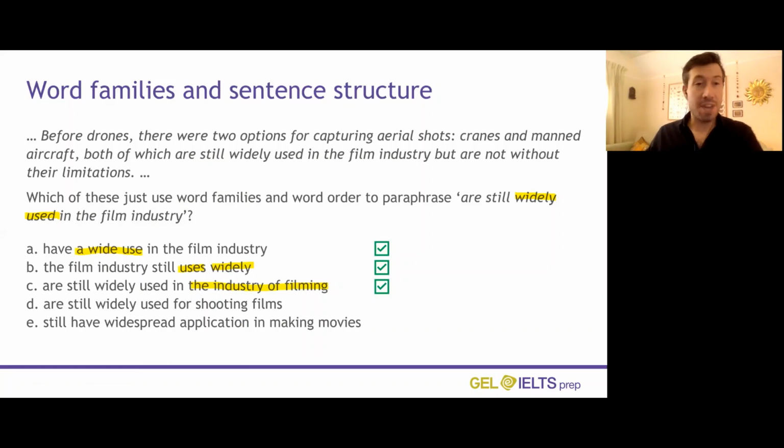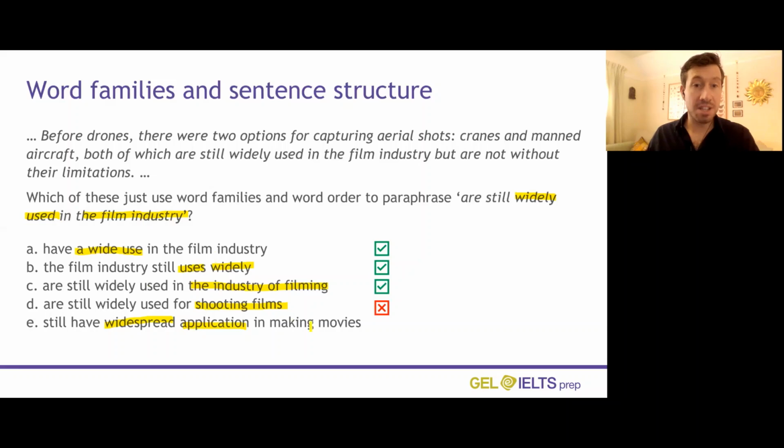Now D, if we have a look, we can see that it's not just using word families. It's used here shooting films, and here it's the film industry. So that one is actually using synonyms, not just word families. And then finally it says widespread. Okay, widely and widespread, that's a word family. But use and application, that's synonyms.